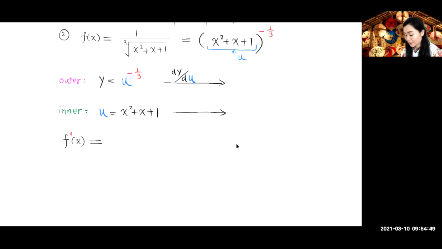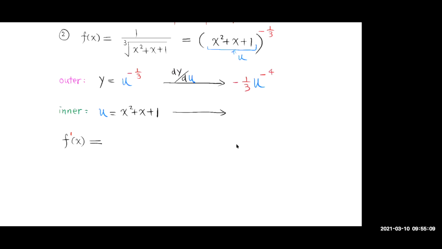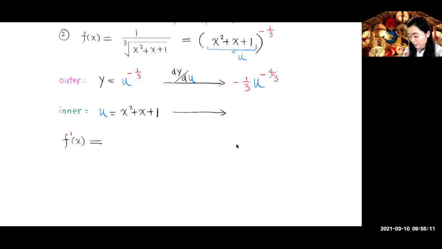Power rule. Okay, use the power rule to differentiate that. Then we bring down this power in front and then decrease this exponent by 1. So we're going to get negative 1/3, and then u to the negative 4/3 power. Yes, you got it.